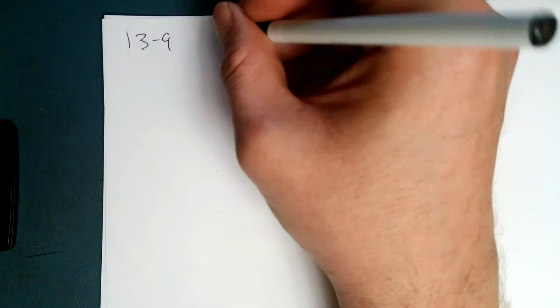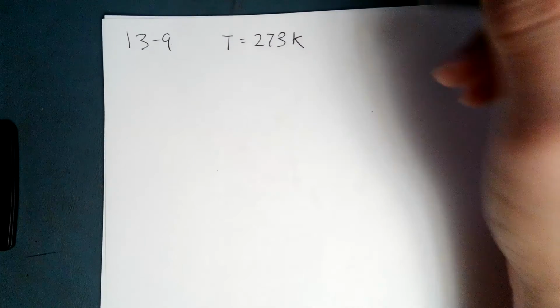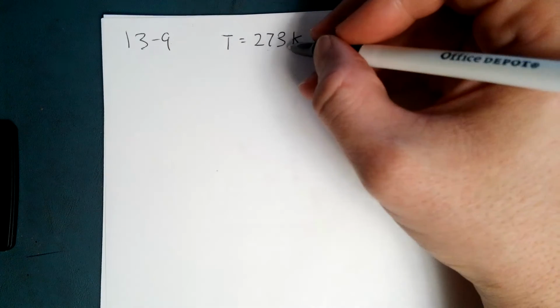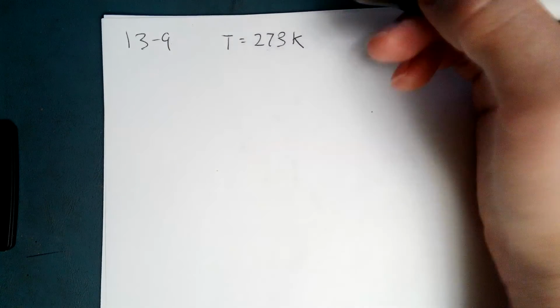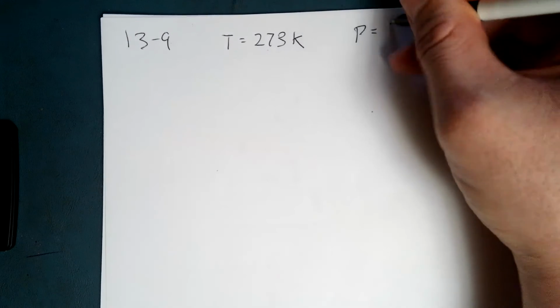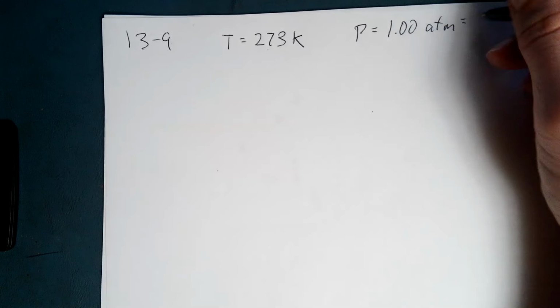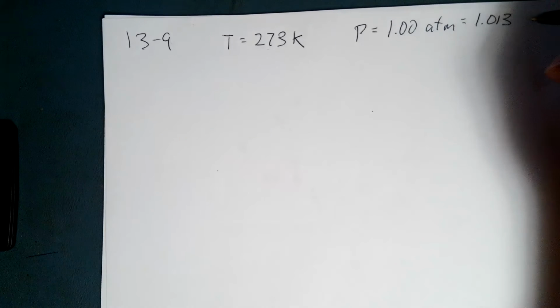Okay, so 13.9. Volume of 1 mole at STP, so standard temperature and pressure. I usually have to look these up: 273 Kelvin is 0 degrees Celsius, and pressure of 1 atmosphere. Now we have to be careful with our units here.